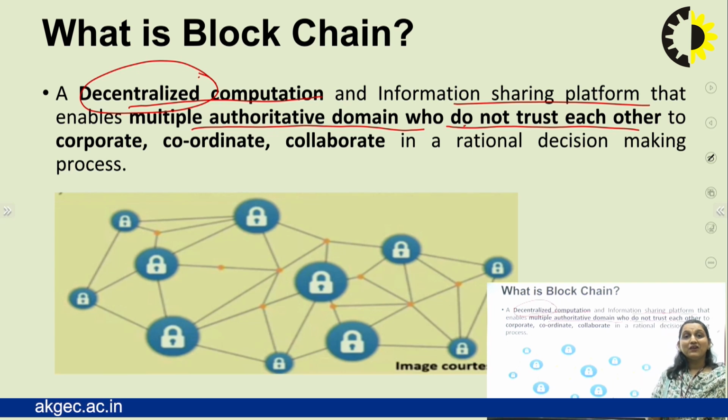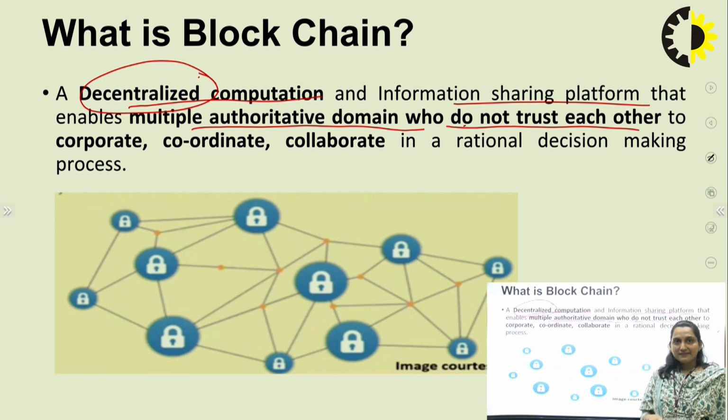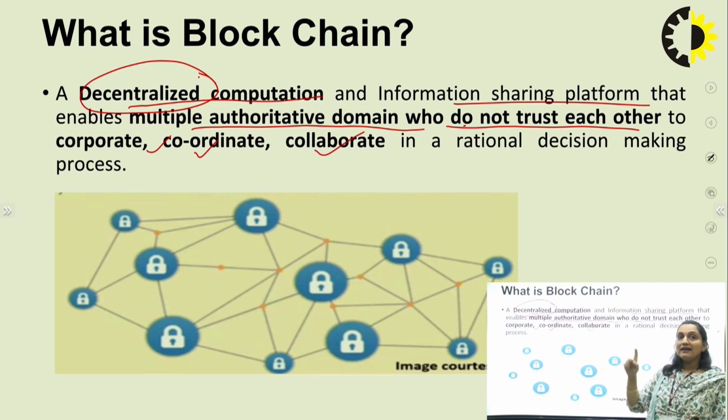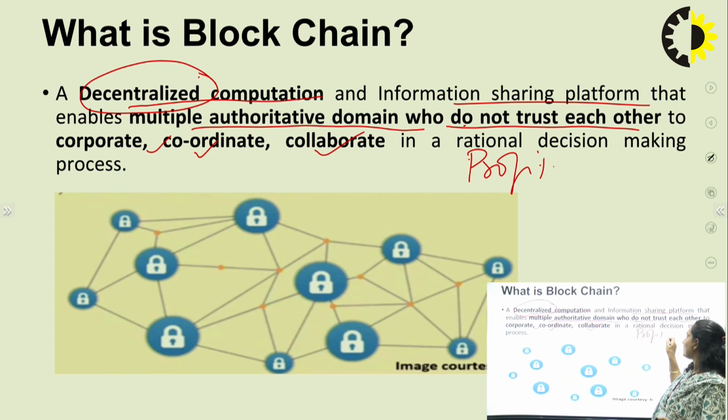So we have a multiple player environment. When doing any business, we all have to make a profit. So they have to coordinate, cooperate and collaborate to make decisions to earn a profit. We are using that scenario here, and that is called a blockchain.